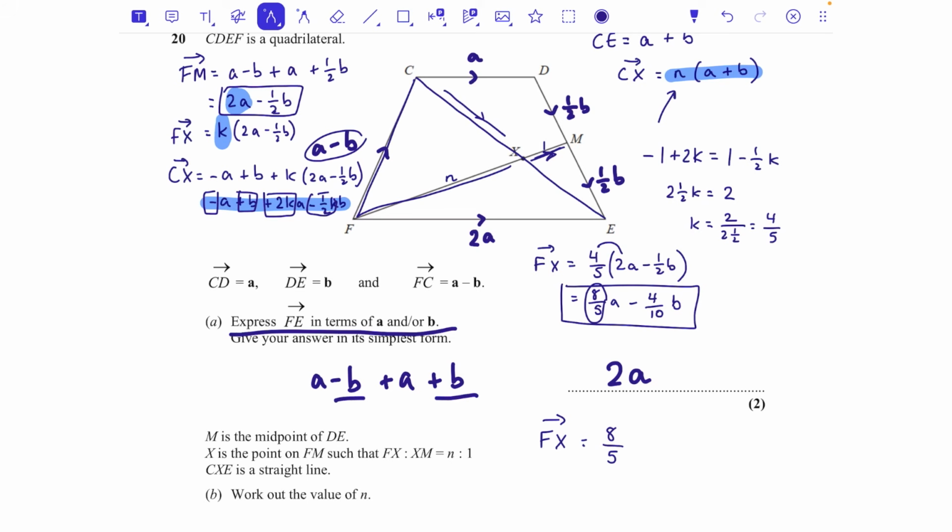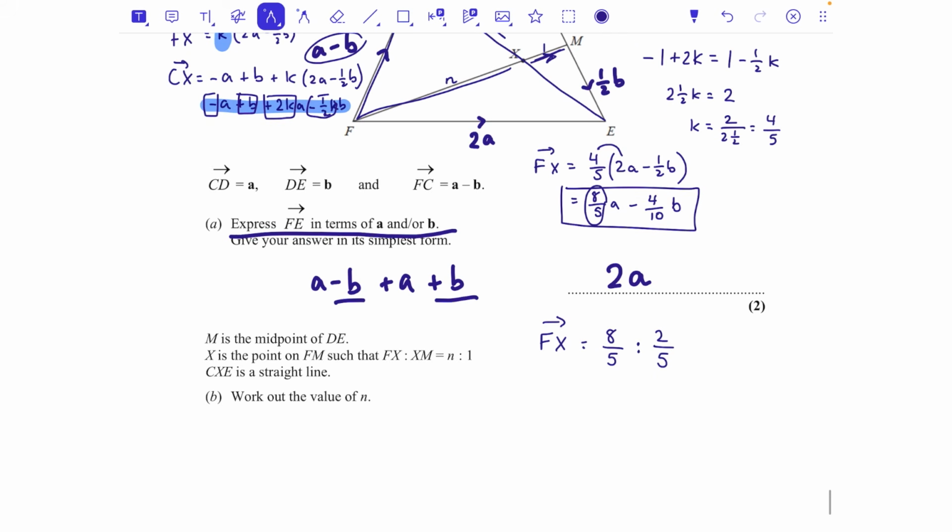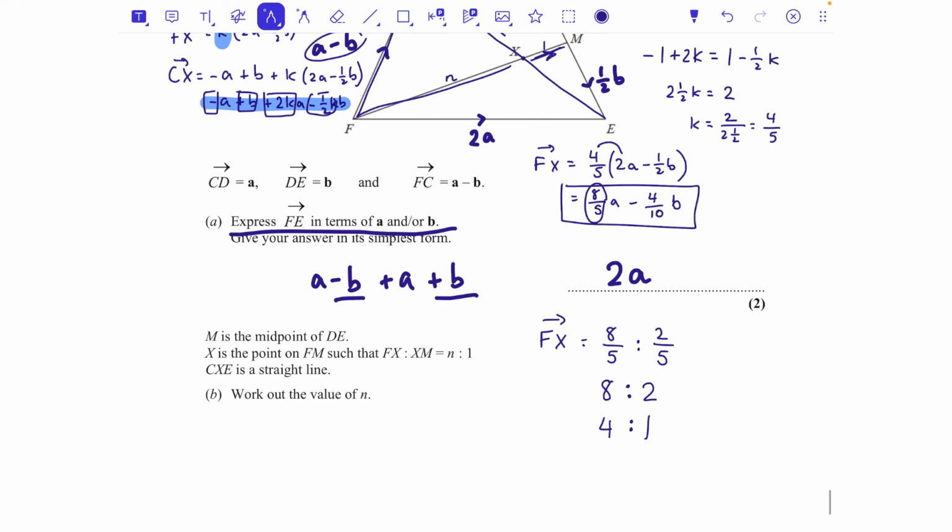So 8/5 is just 2/5 away from being 2 wholes. So 8/5 to 2/5, and I'm going to times both sides by 5, which gives me 8 to 2, which simplified gives me 4 to 1. So therefore it's 4. The number they're looking for is 4.